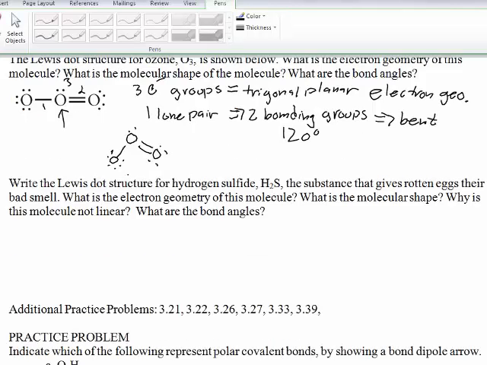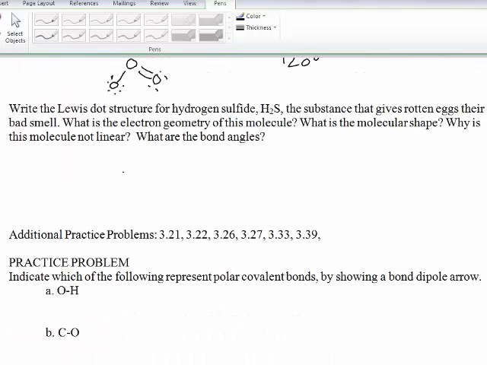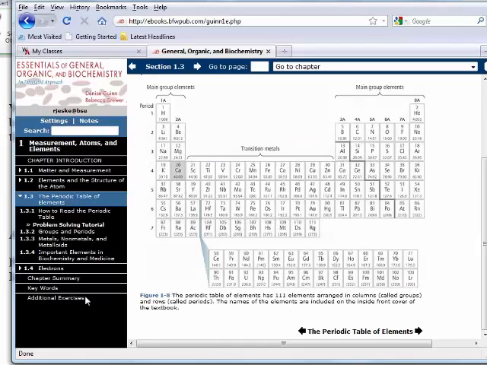The next question, write the Lewis dot structure for hydrogen sulfide. So S, H, H. And then we know that sulfur is right here. It's in group 6A.